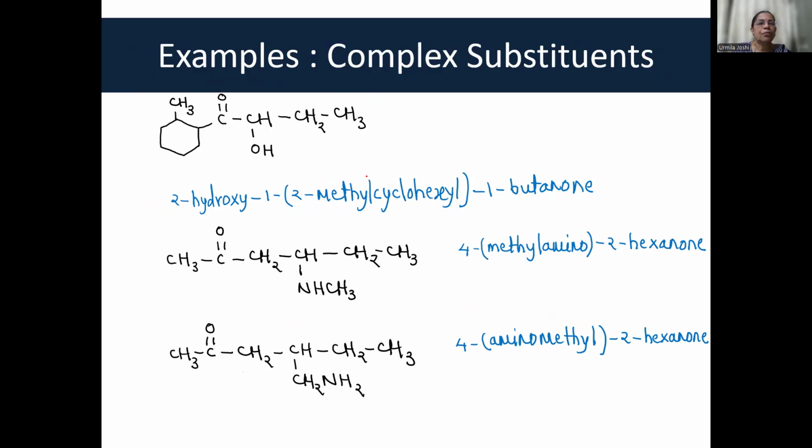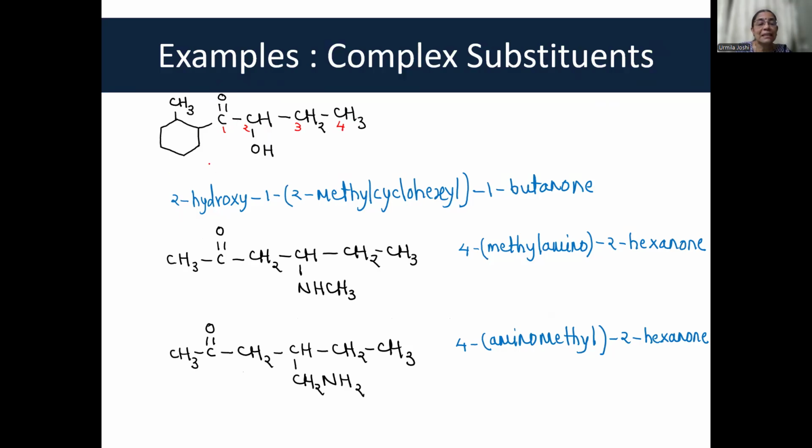Another example of a complex substituent. Here again, although this is 4-carbon, this contains the functional group. So take this as the parent chain. When you are taking this as a parent chain, there are 2 groups. Carbonyl, that is ketone, and hydroxy. Obviously, carbonyl gets priority. So it is 1, 2, 3, and 4. Okay.